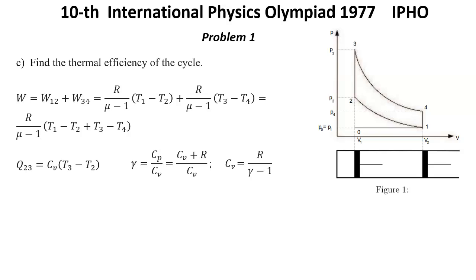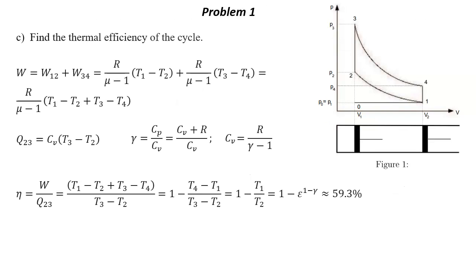Hence, for thermal efficiency eta equal W over Q23, after some calculations we get 1 minus epsilon power 1 minus gamma, which is about 59.3%. And that was a solution for question C.